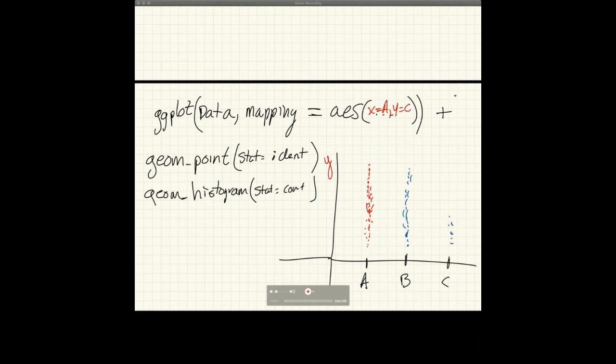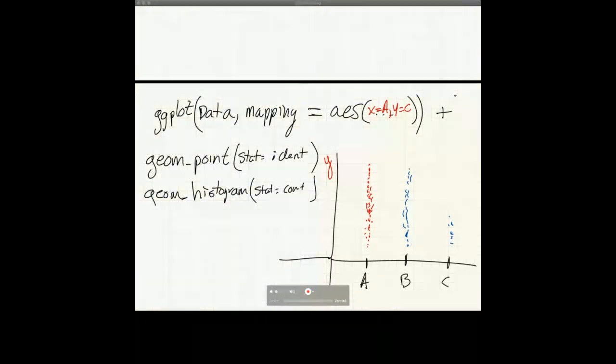And for C, I might have a different collection of points. Okay? And that's because the statistic identity is just mapping the input. Is it an A, B, or C? And is it at this Y, that Y, or a different Y? It's mapping those directly to the position in the plot. But one might use something called geom B-swarm.